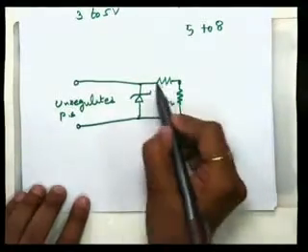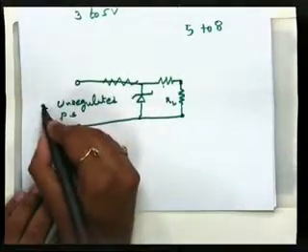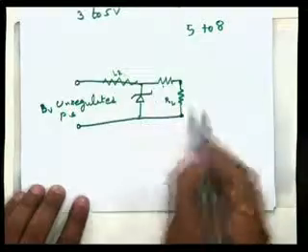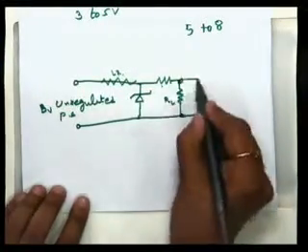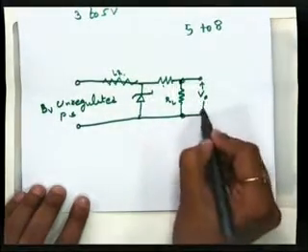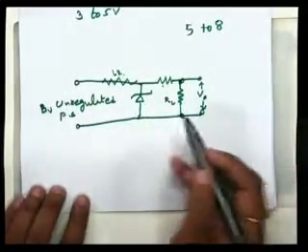This resistance can be put here also, because this is your source voltage, and here is the limiting resistor. This is actually the load resistor, and in between the load resistor one can have the V output, which is the regulated power supply, right?